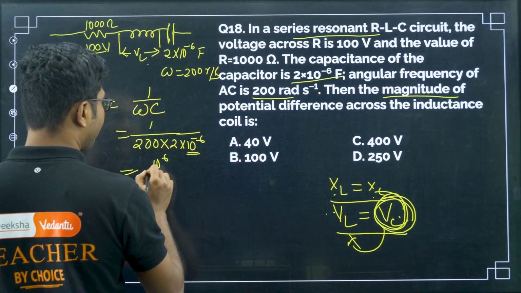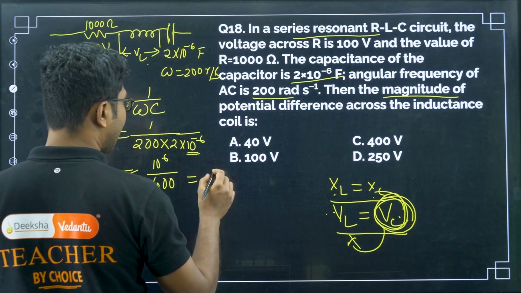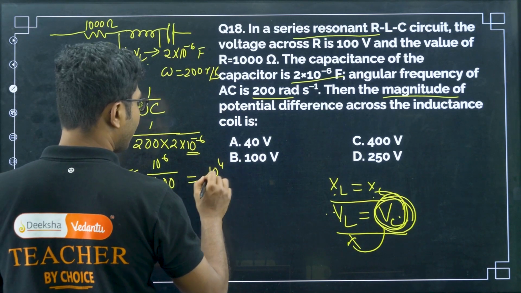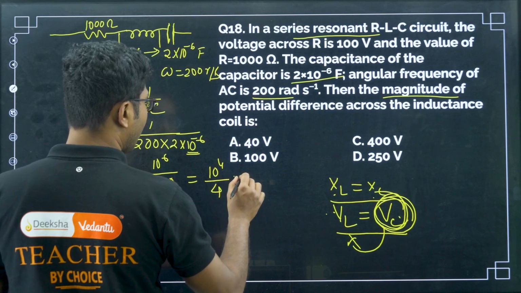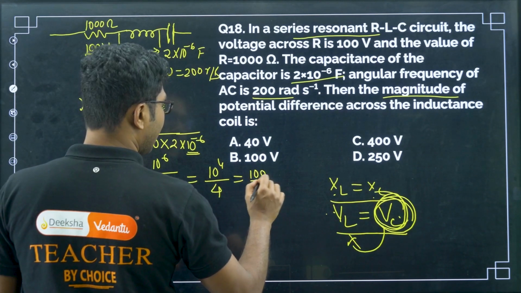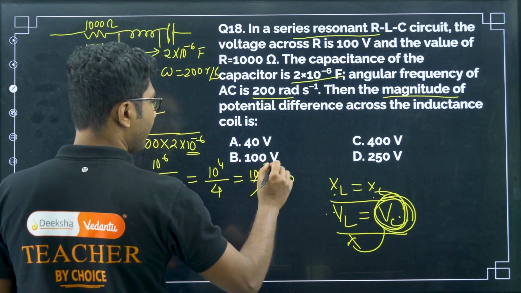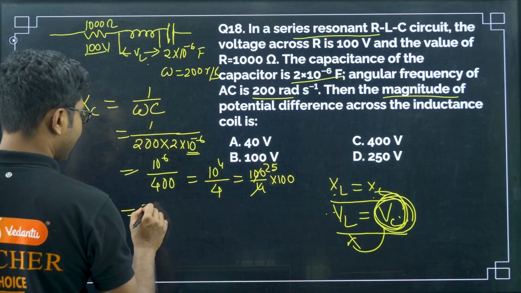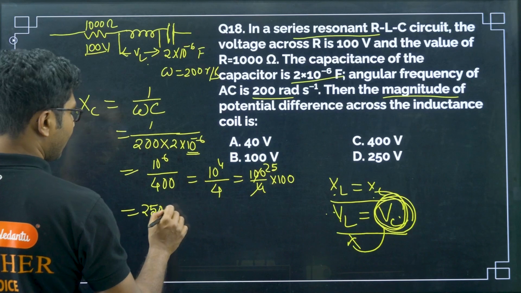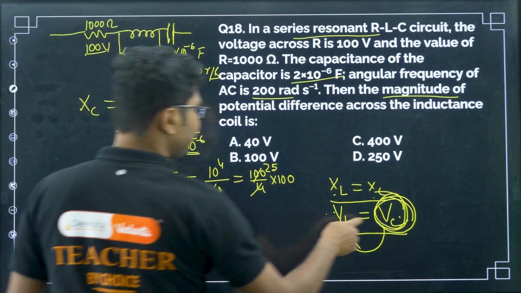So, 10 to the power of plus 6 divided by 400, or you can write this as 10 to the power of 4 divided by 4, or you can make it 100 by 4 into 100, or this will be 25. So, XC is 2500. You have calculated XC, easy.